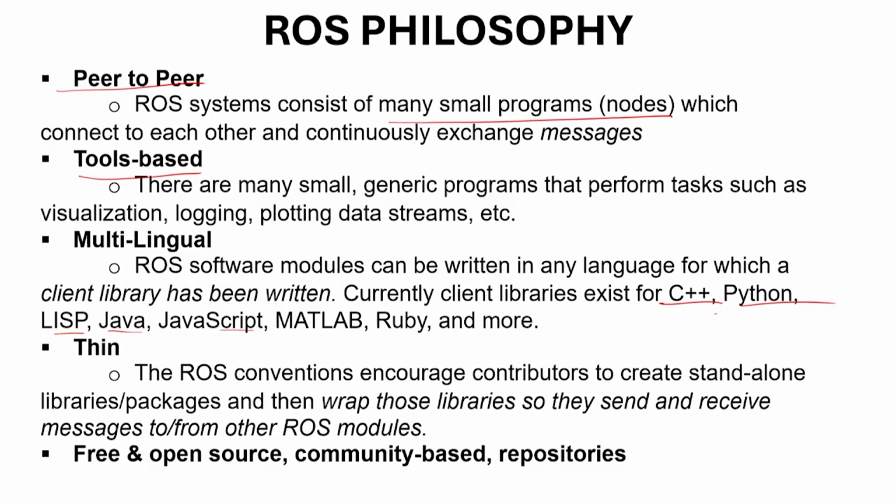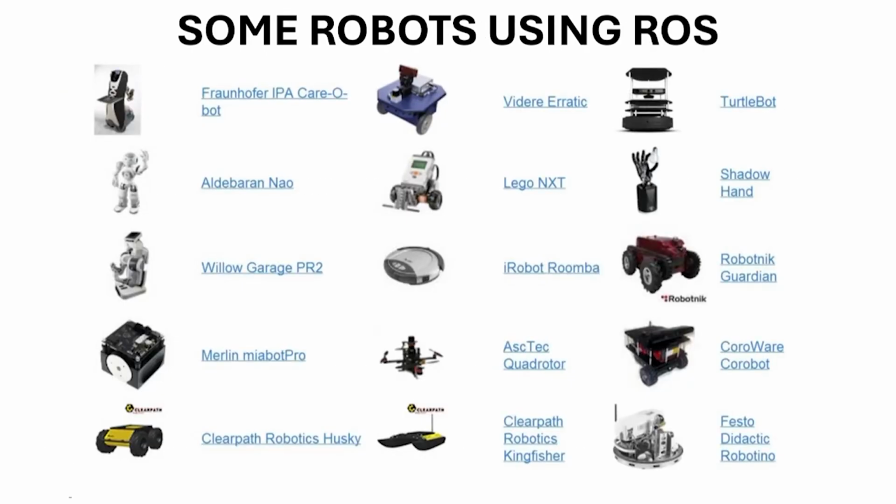You can use many of these languages for running ROS, and it is thin, that is, the ROS conventions encourage contributors to create standalone libraries, and then other people can use them. Okay. So, free and open source, community based repositories.